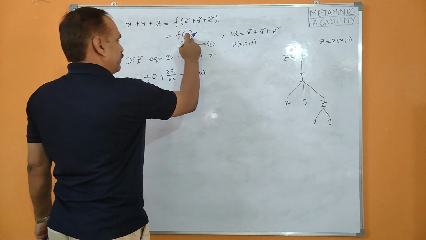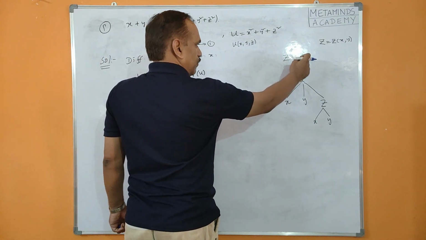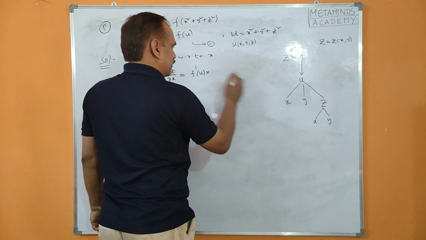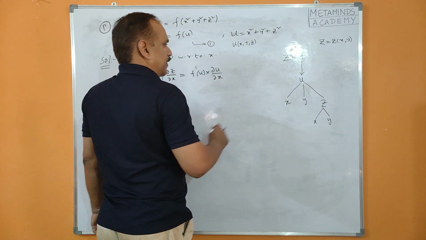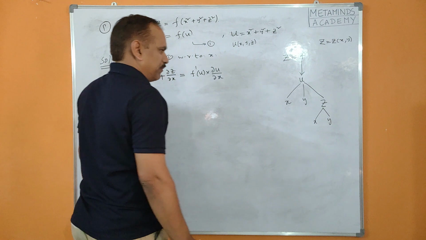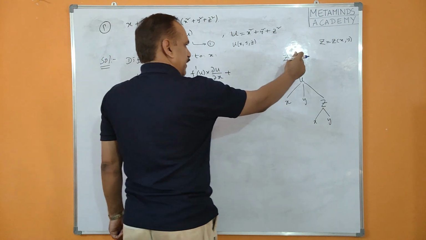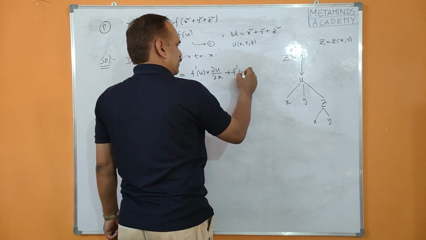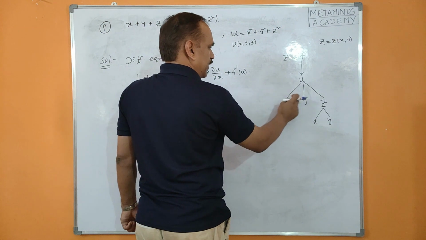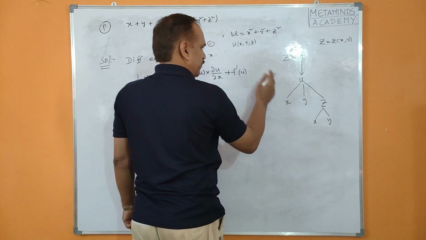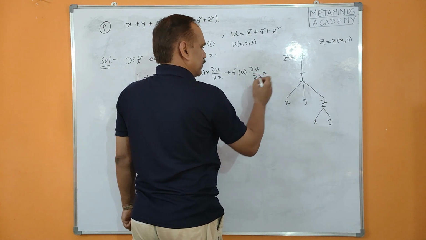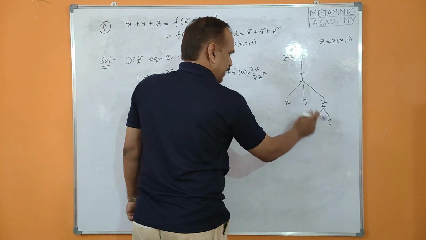When you are differentiating f of u with respect to x, it means df by du, that is f dash u, multiplied by dou u by dou x. Right? This is in series, but you have another path, plus again f dash u into dou u by dou z, because u is a multivariable function, first differentiate u with respect to z, into again dou z by dou x.